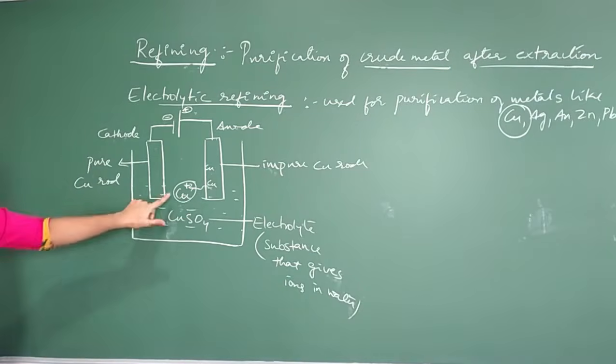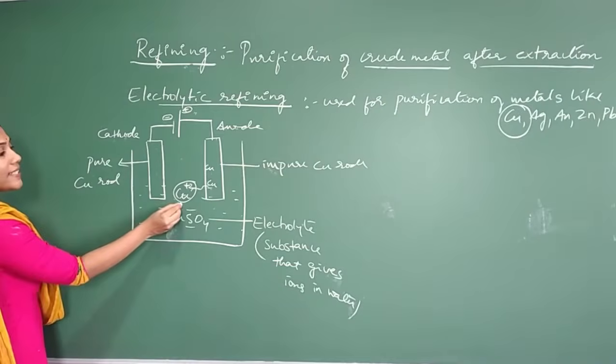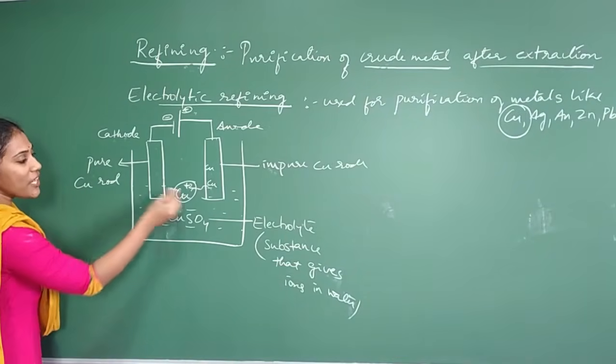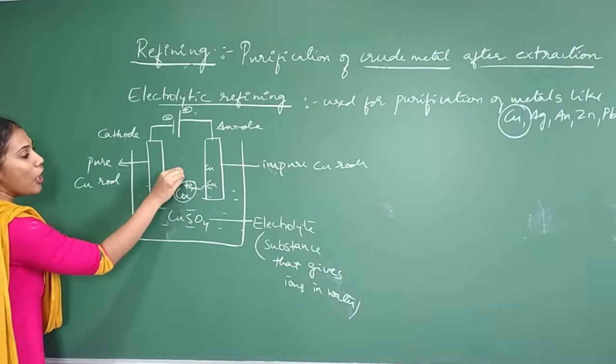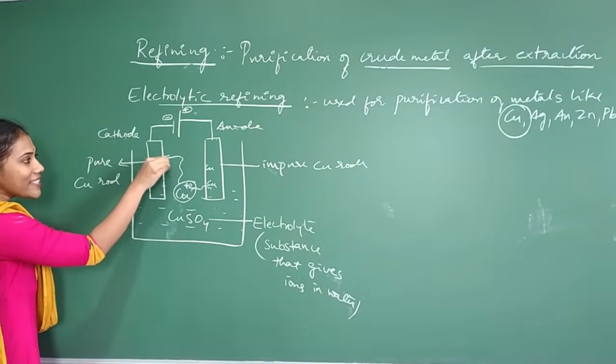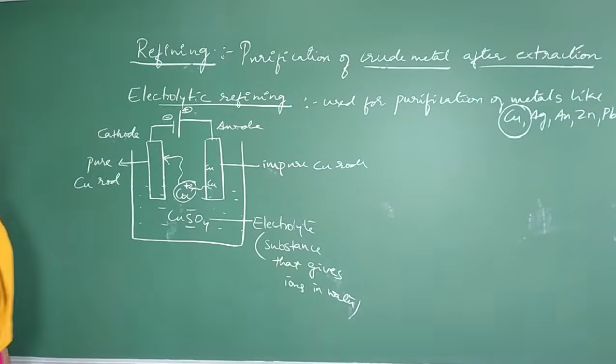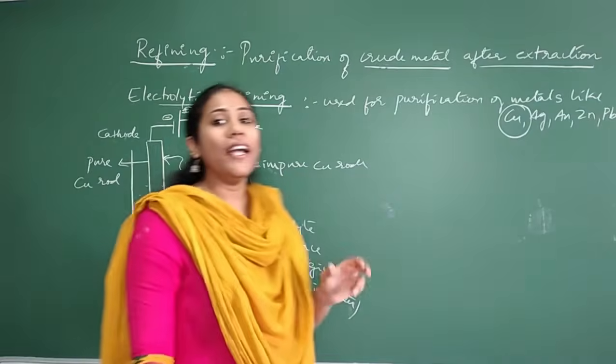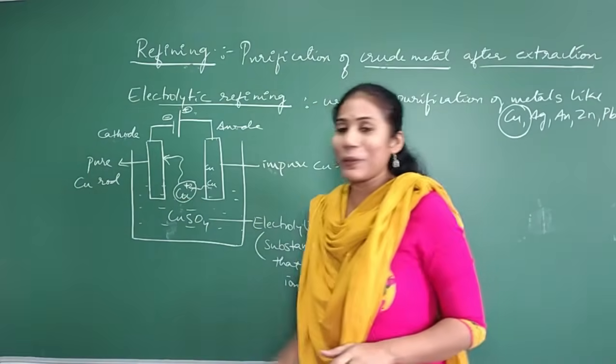As which ion? Cu plus 2 ion. Later, whichever Cu plus 2 ions are there in the solution, all of them will go and get collected at the cathode.